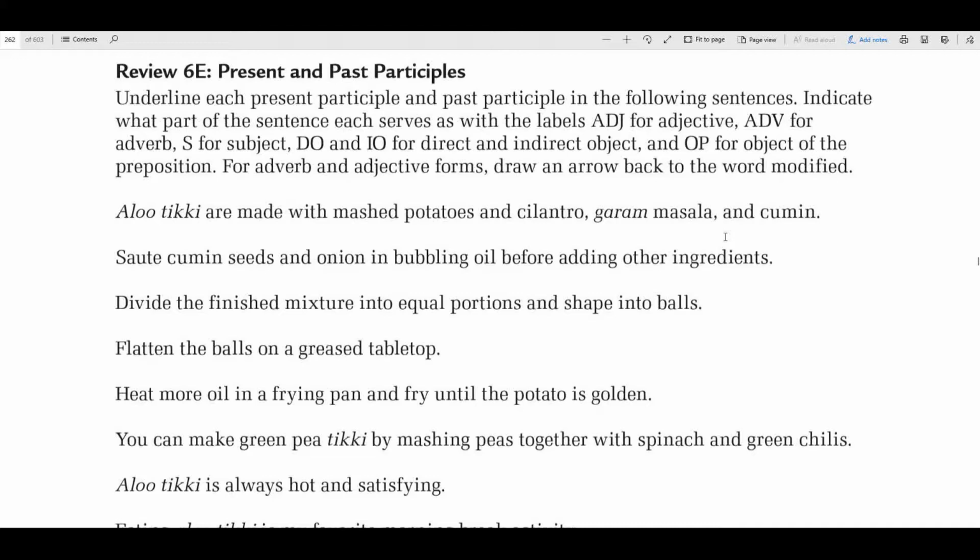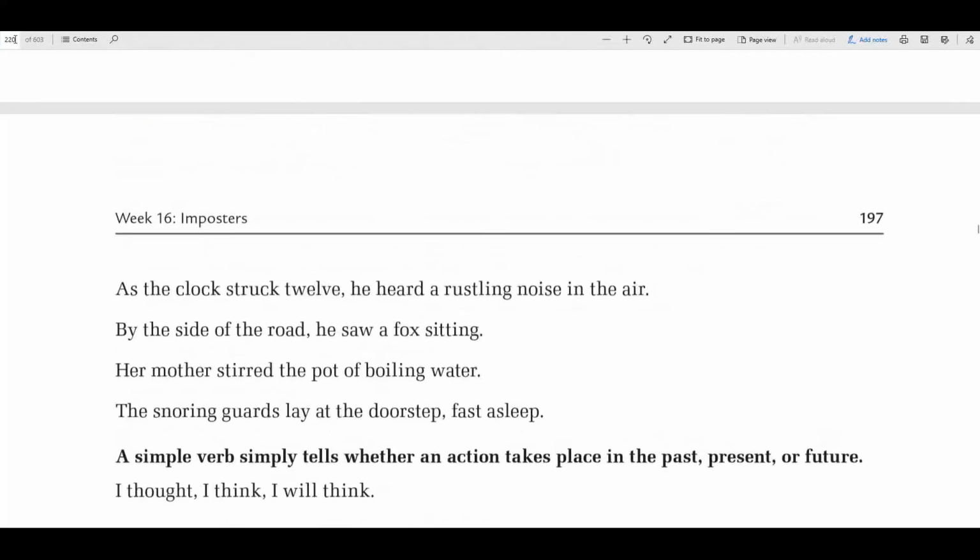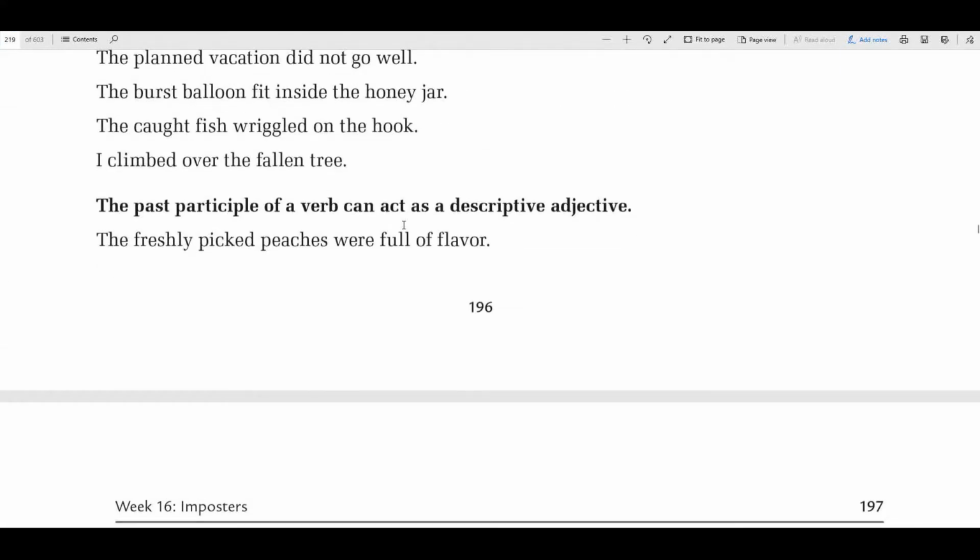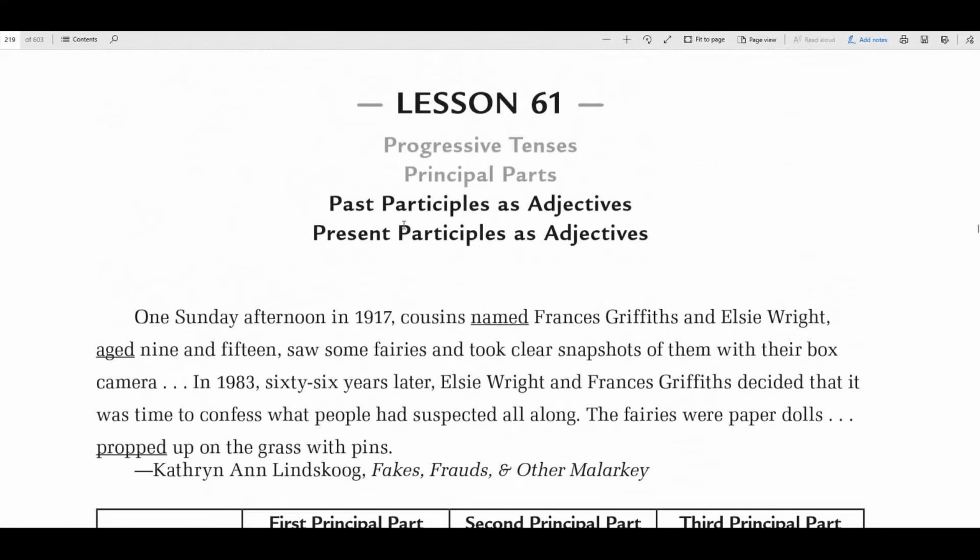Okay? Now, these participles were what we studied in, was it not week 18? It was week 16. So I'm going to go back to page 219. If you have your packet for week 16, see if you can get that out.